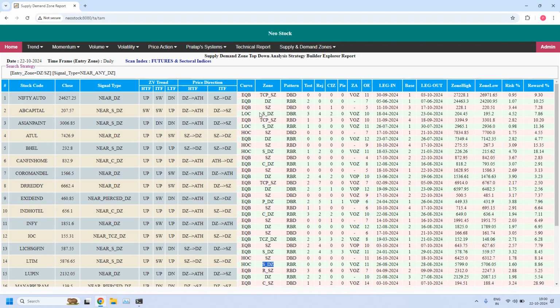I repeat again, ABC Capital is the first one, Asian Paints second one, BHEL third one, Canfin Home fourth one, Indian Hotels fifth one, and LITM is the sixth one.